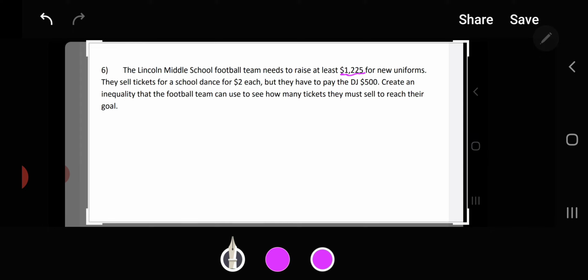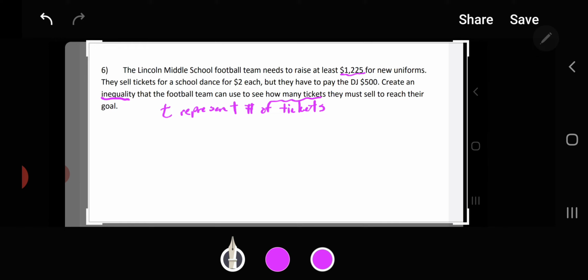Create an inequality that the football team can use to see how many tickets they must sell to reach their goal. Okay. Well, in this case, let's let T represent the number of tickets they need to sell.